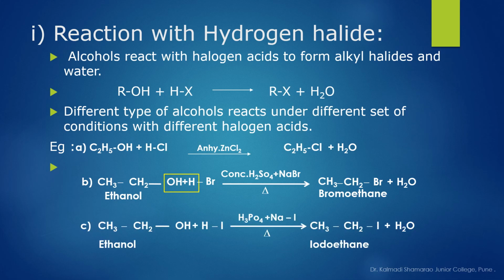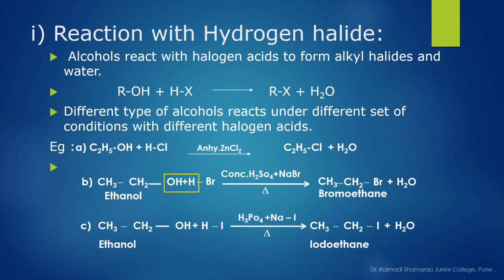Similarly, the same primary alcohol, when it reacts with hydroiodic acid, which is generated in situ from the reaction of phosphoric acid and NaI, gives iodoethane and water.